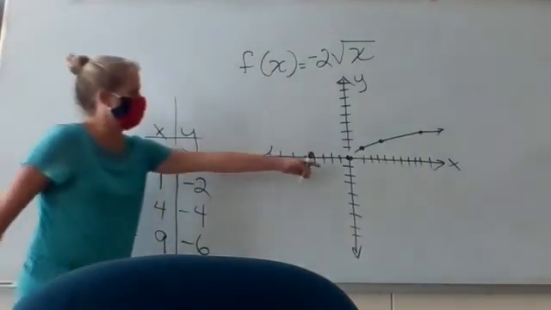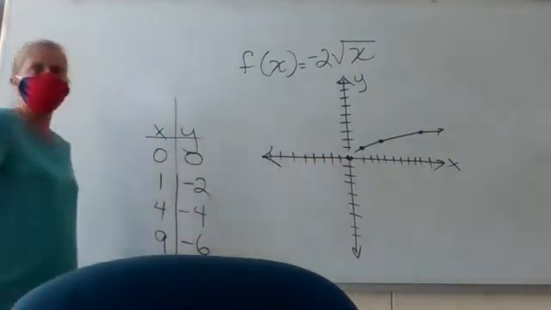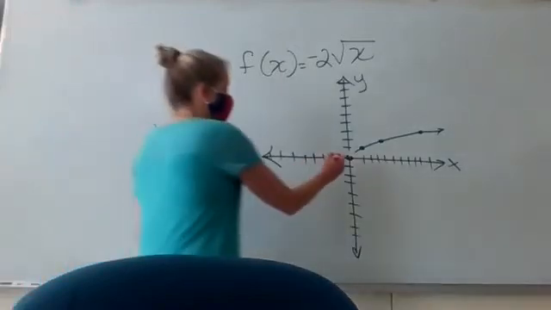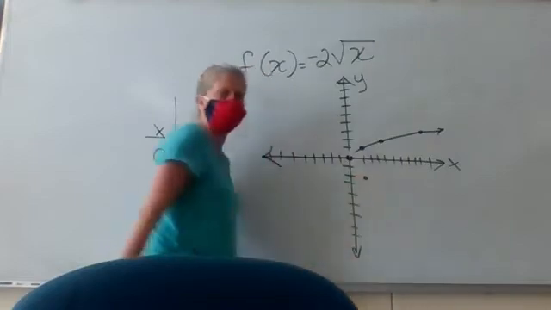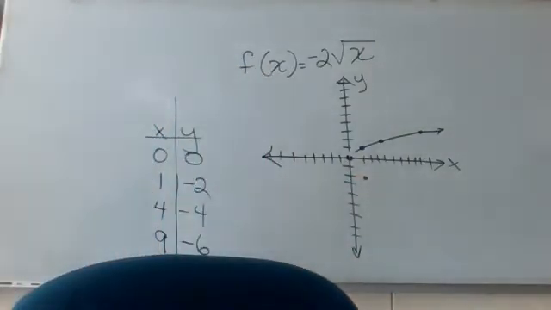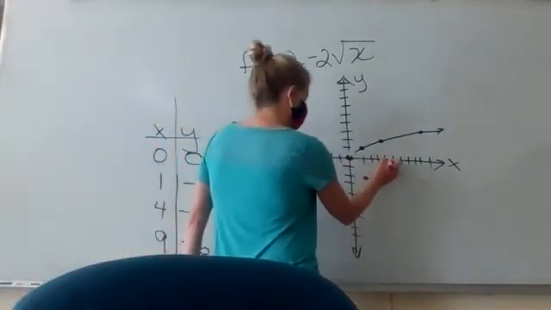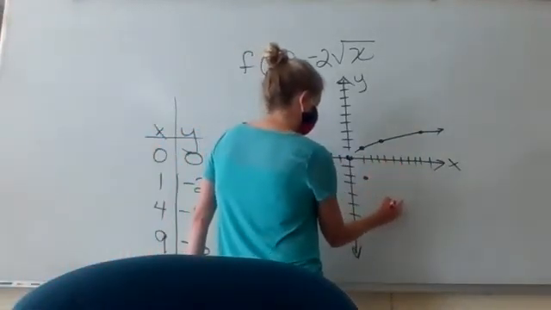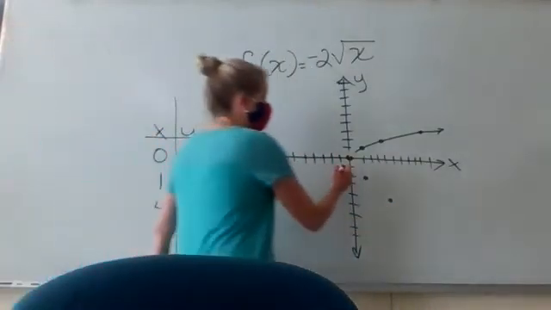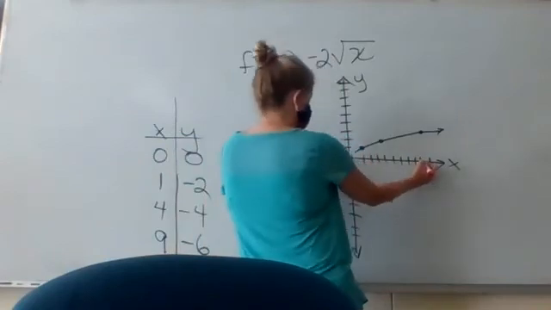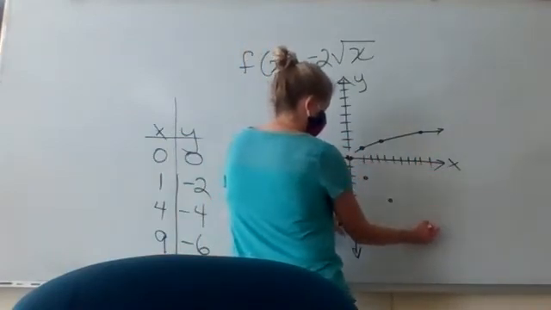So I still have 0, 0, so I still have that point. But then I have 1, -2, which is going to make me go to the right 1 and then down 2. So there's why it flips upside down. 4, -4, so to the right 4 and down 4. And then 9, -6, so to the right 9 and then down 1, 2, 3, 4, 5, 6. About right there.